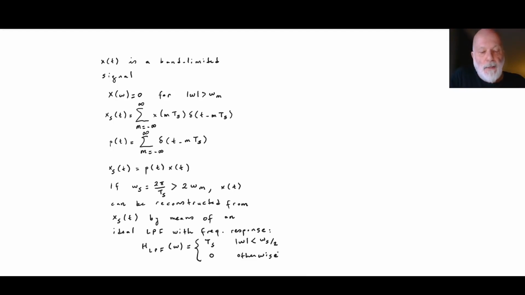So when Xs of omega is multiplied by H LPF of omega, the result turns out to be X of omega, or X of omega is reconstructed from xs of t.